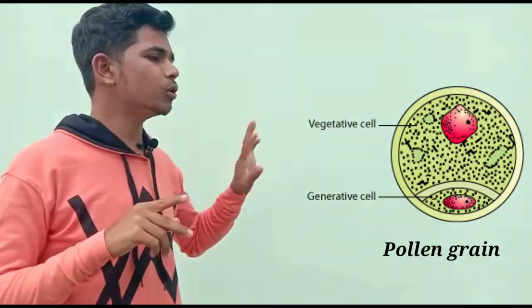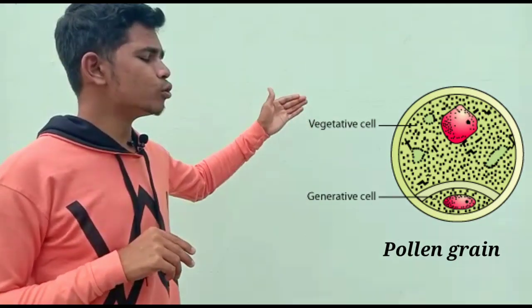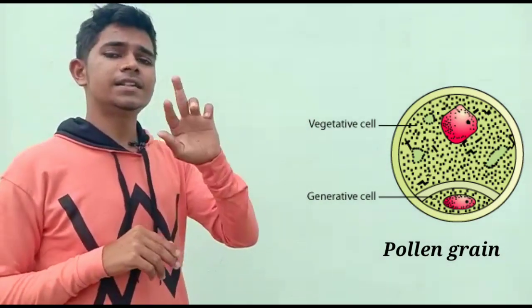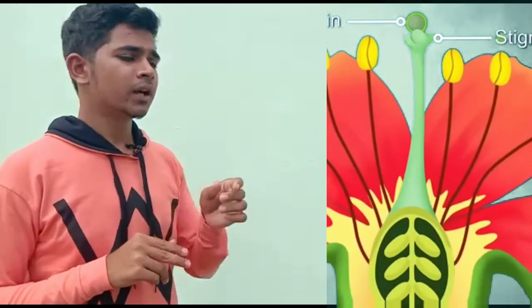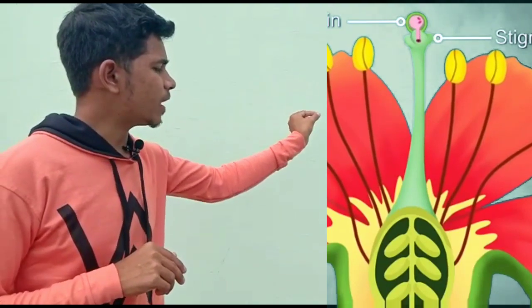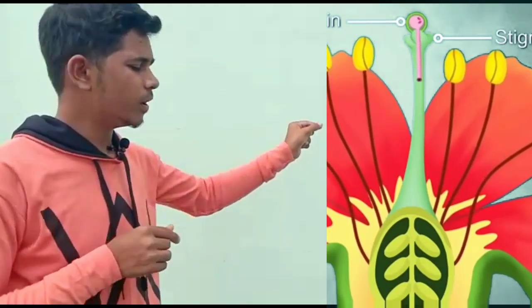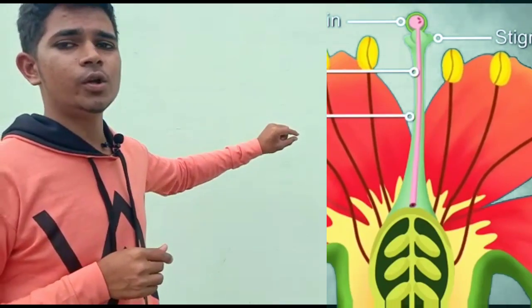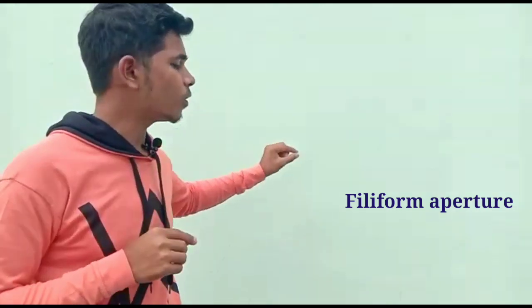In some flowering plants, the pollen grains have two types of cells: the generative cell and the vegetative cell. The generative cell is haploid and gives two male nuclei. These two male nuclei are transferred through the pollen tube, guided by the filiform apparatus at the micropylar end. The two male nuclei move towards the synergids.